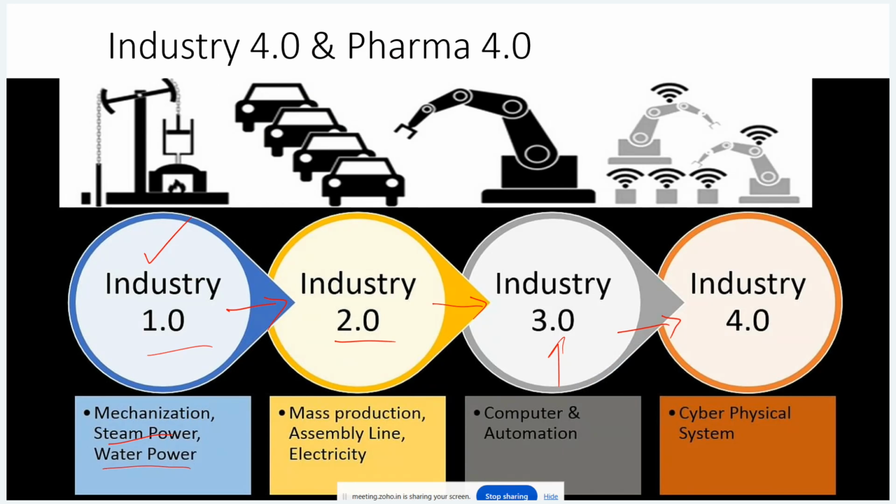We had mass production, but still there was a lacuna of automation. We were not automated. We were doing things manually only. So how to automate it? We utilized computer systems so that we achieve automation. So now we have mass production plus automation. That is what we wanted to achieve, and that is industry 3.0.